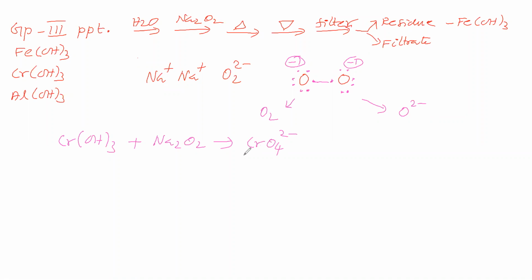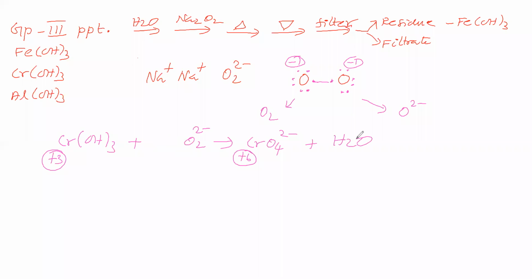In CrO4 2-, chromium has a +6 oxidation number, whereas in Cr(OH)3 chromium has +3. So +3 converting into +6 means it is undergoing oxidation. Therefore, the peroxide should undergo reduction, and it will convert into oxide, which in this case means water.